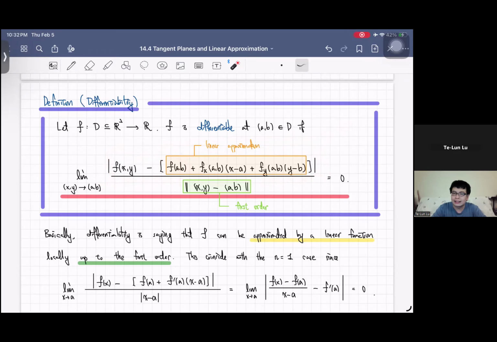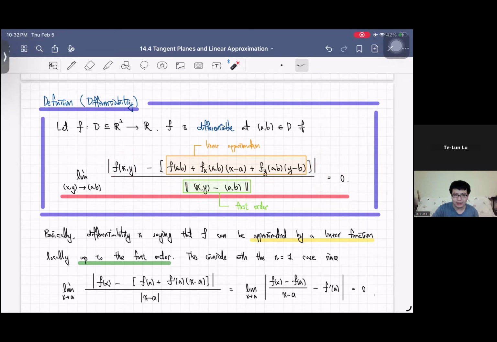Now, to enhance that kind of concept, we divide things by the distance between x, y, and AB. So we're simply saying that not only that this guy is close to this guy, it is actually close enough so that even if we divide by something that is so small, it is still 0. So let us wrap this up.